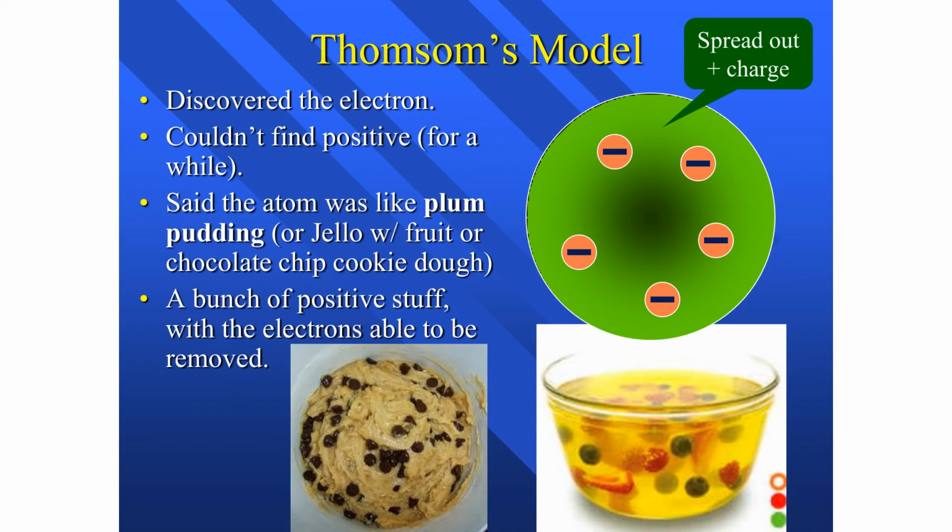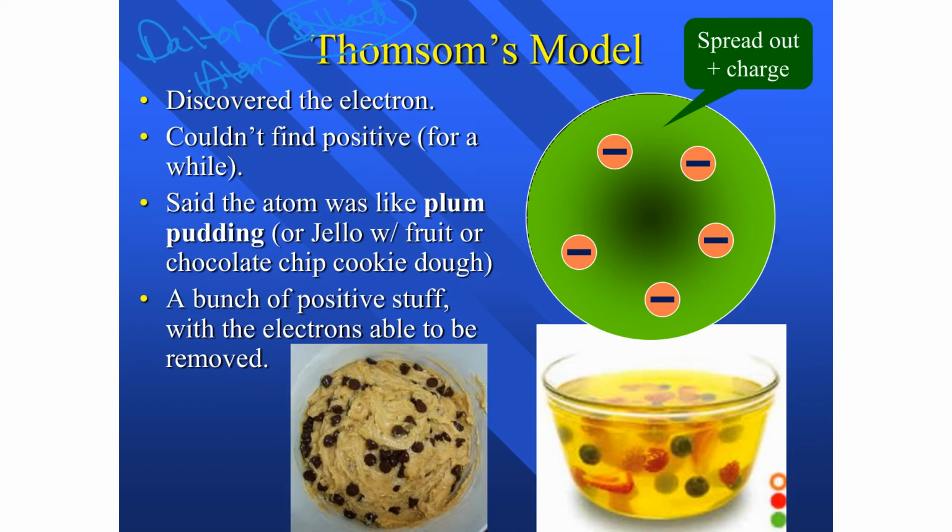He did this by some pretty cool mathematical experiments, but he discovered the electron. And so his theory of the atom changed Dalton's. Remember, Dalton thought that an atom was like a billiard ball, like a pool ball, like solid.